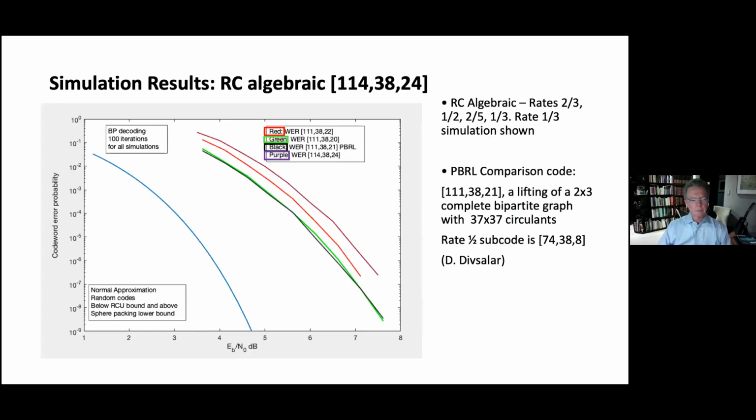And then I do the simulation, and the simulation result says, well, this code with minimum distance 24 in the waterfall region doesn't do as well as the weight 22, and nowhere near as well as the weight 20, or the one that Dariush designed. And I think the simple answer is it's got too much weight already.